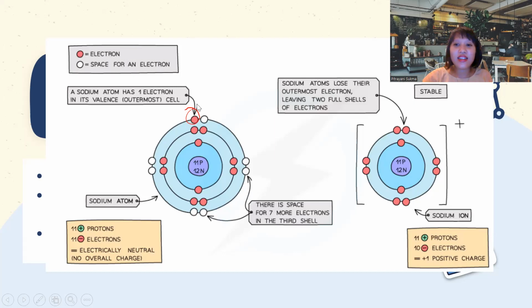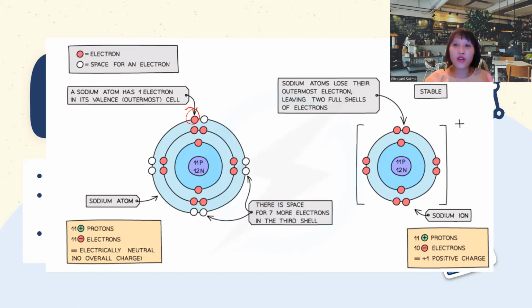So they become the positive 1 sodium ion. When they release 1 electron, they have only 2 shells, and those 2 shells are already full, so they become stable like the noble gas. I mean the configuration is similar to the noble gases.